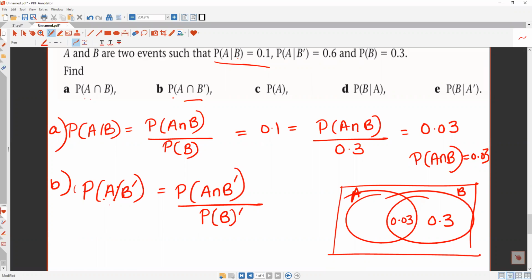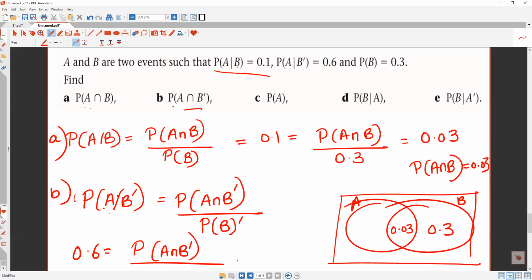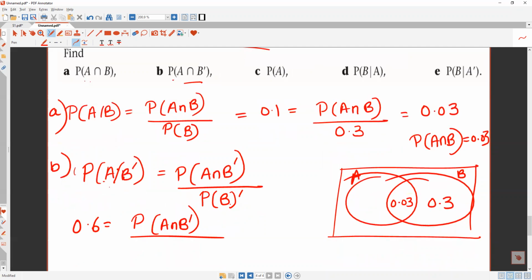Now A given B complement কত? 0.6. P(A intersection B complement) কত জানি না, but what is B complement? 1 minus 0.3, that is 0.7. So 0.7 multiplied by 0.6.